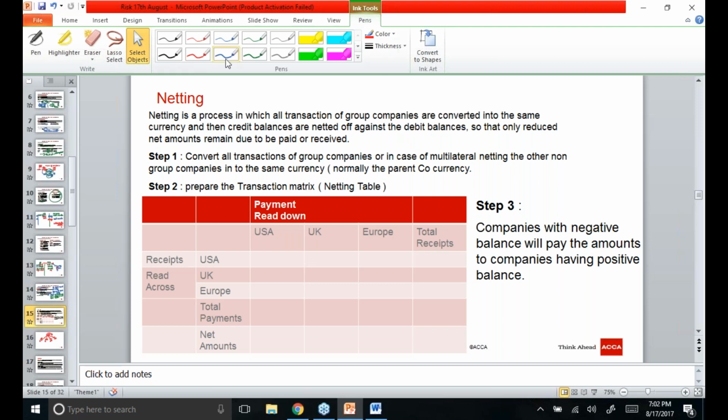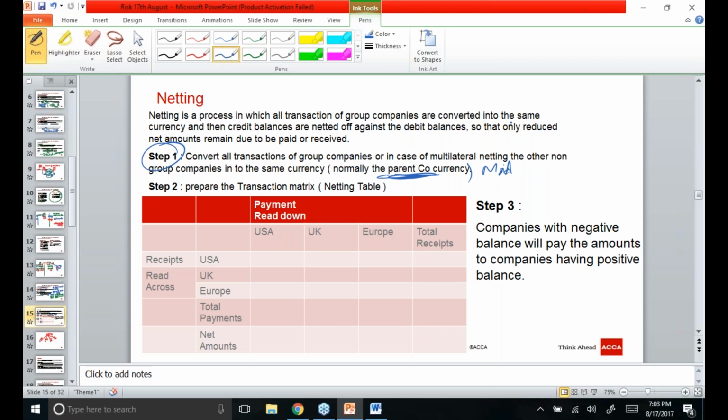So the first step will be to convert all transactions of group companies, or in case of multilateral netting, the other non-group companies, into the same currency. And normally that same currency will be the parent company currency. All transactions of the group companies will be converted into the currency of the parent company using the spot rate.